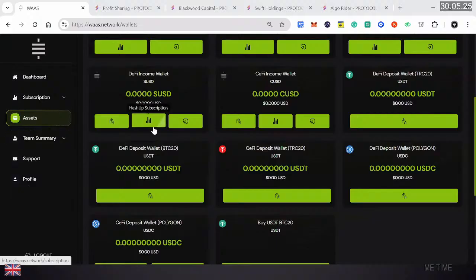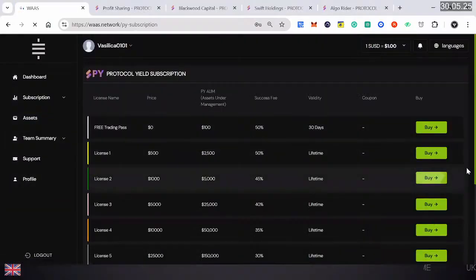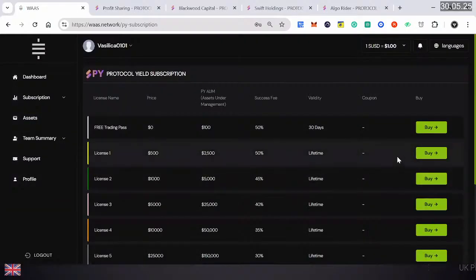Okay, so transfer your assets here, and from the subscription you can go to buy, and you can buy the minimum license of $500. Those who have whale passes, if they have a separate account already created on WAAS and they have bought whale passes on that separate account, they can straight away give the WAAS accounts.